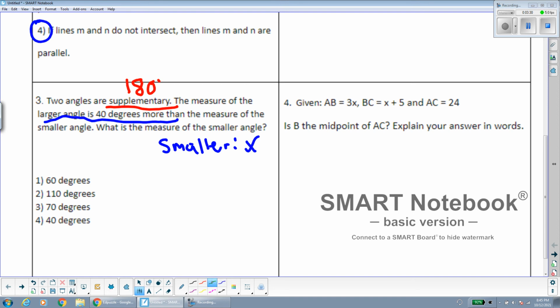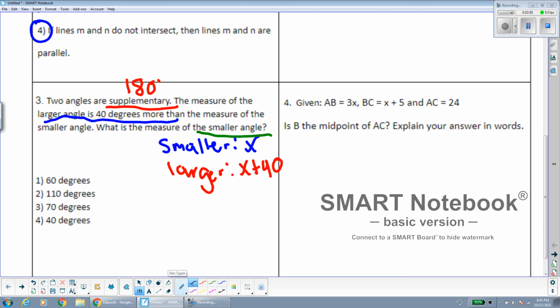We're actually trying to find the measurement of the smaller angle. And let's call the larger angle X plus 40. That's because they told us in the question that the larger angle is 40 degrees more than the smaller angle. So add 40 to the smaller angle.